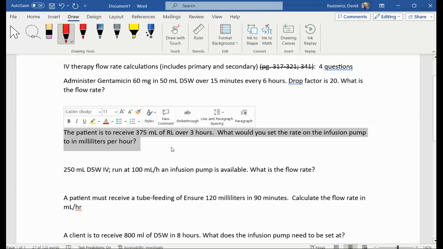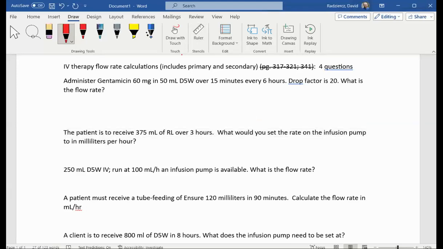Flow rate has a very simple formula associated with it. When you calculate flow rate, you're looking for volume over time, which is milliliters per hour. Sometimes you'll see it listed as cc's per hour, but typically what they're looking for is milliliters per hour.